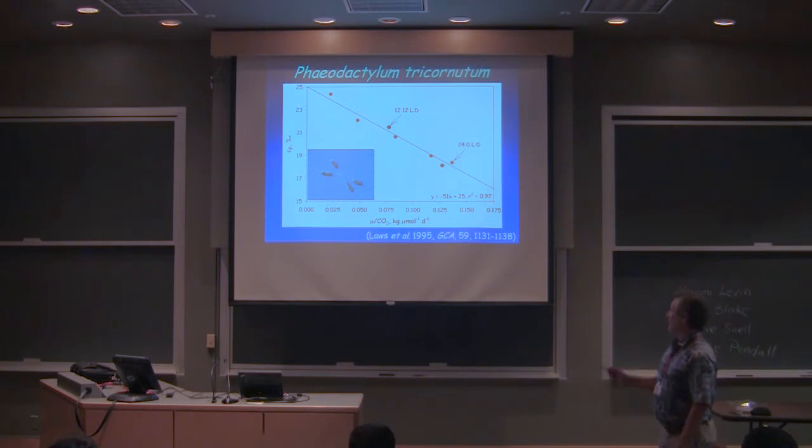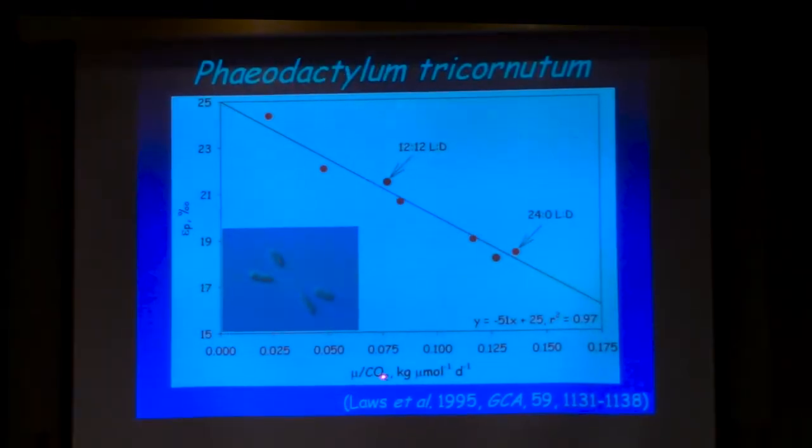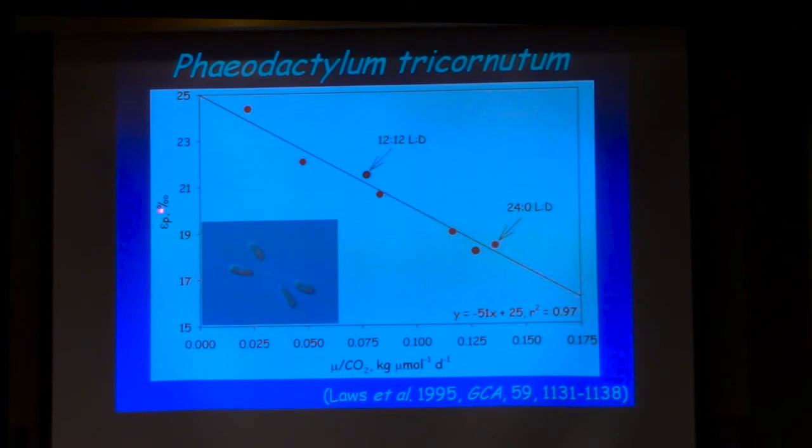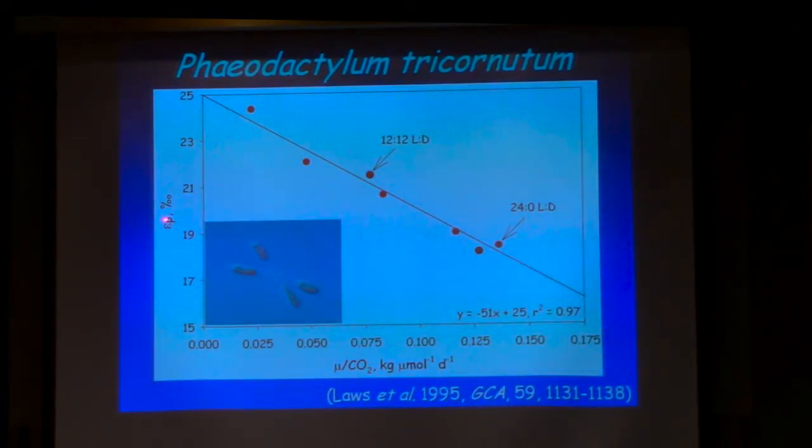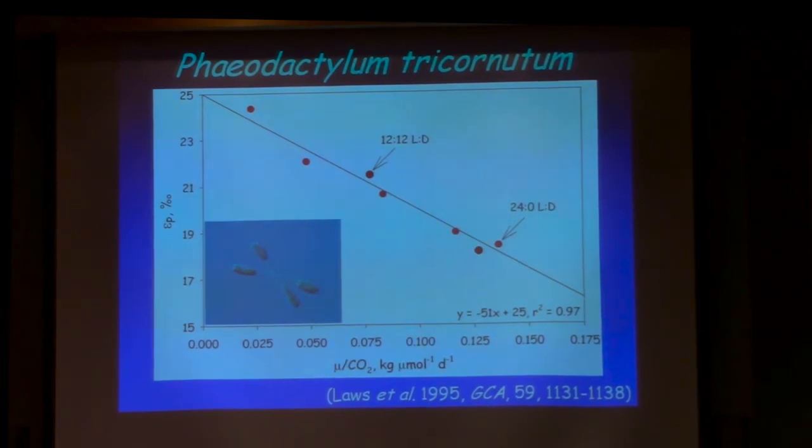So we picked different growth rates, we set different CO2 levels, so we controlled growth rate, we controlled CO2 concentration, and we measured epsilon P. We measured the difference between the isotopic composition of molecular CO2 in the culture and the organic matter here. And what do we get? Well, that looks like a pretty nice linear relationship. So it begins to fit the expectation of that model.